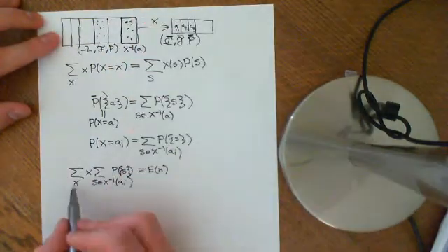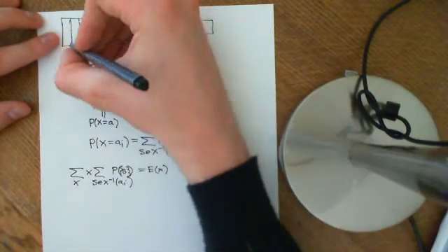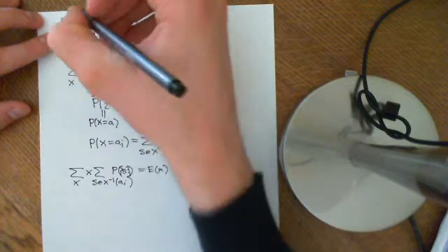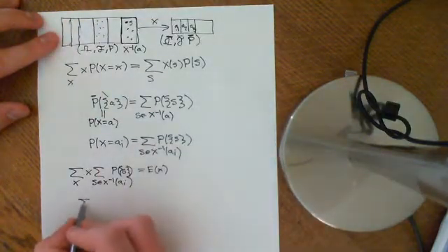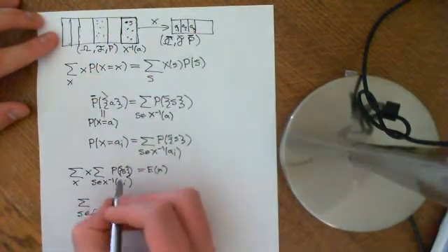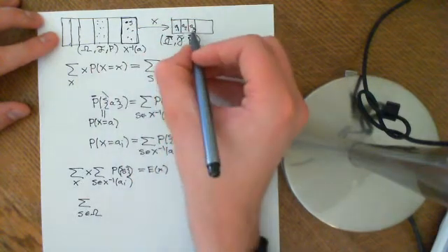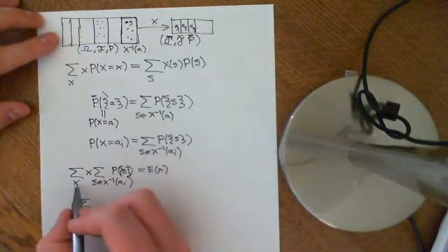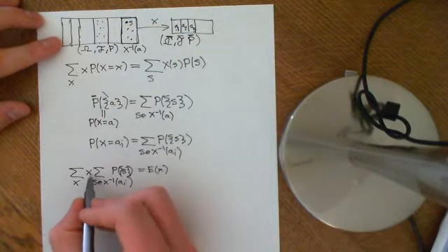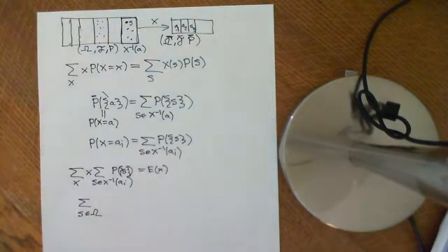So basically what you're doing is you're summing over all values of X, and then you're summing over all these inverse images of X, which is effectively equivalent to summing over every single value of the sample space. You'll go over every single value of the sample space somewhere in here, because every value of the sample space will be mapped onto a value in here, and therefore will be summed over when you're dealing with that value X, and then you'll find it in the inverse image of that value.